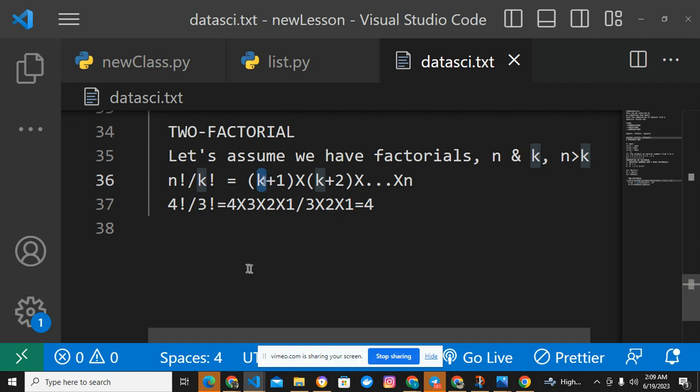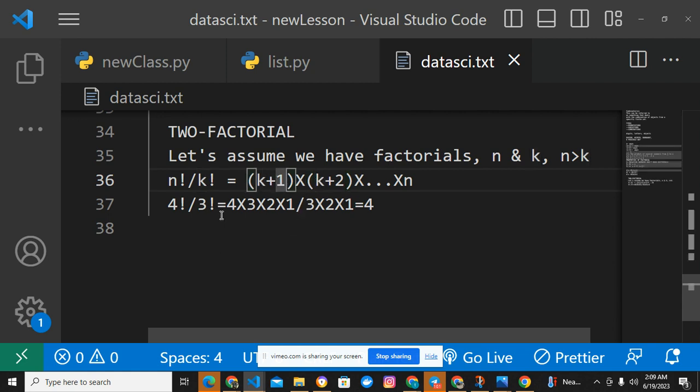3 plus 1, which is what? 4, times 3 plus 2, which is what? 3 plus 1 is 4, 3 plus 2 is what? No, sorry, excuse me, I'm making a mistake.